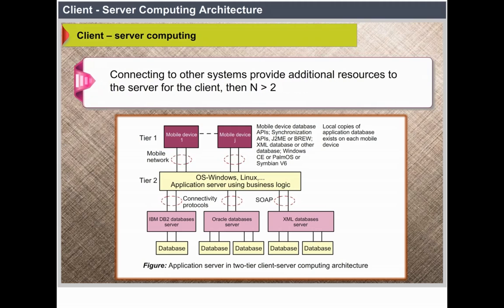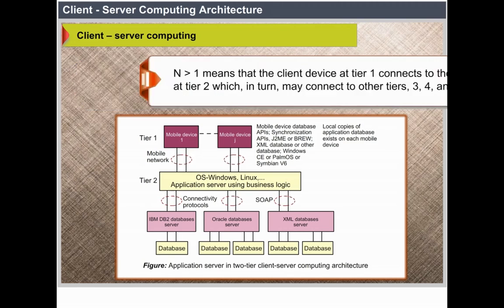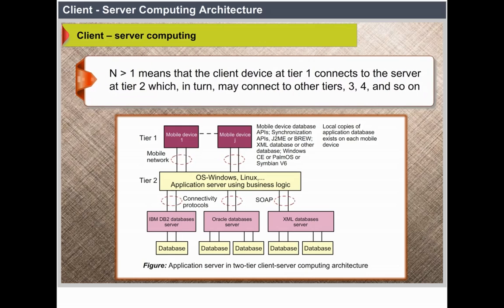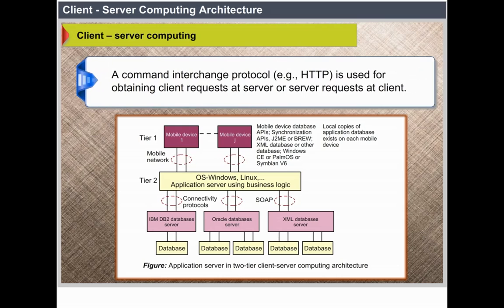Connecting to other systems to provide additional resources to the server for the client, then n is greater than 2. N greater than 1 means that the client device at tier 1 connects to the server at tier 2, which in turn may connect to other tiers 3, 4 and so on. A command interchange protocol, for example HTTP, is used for obtaining client requests at server or server requests at client.